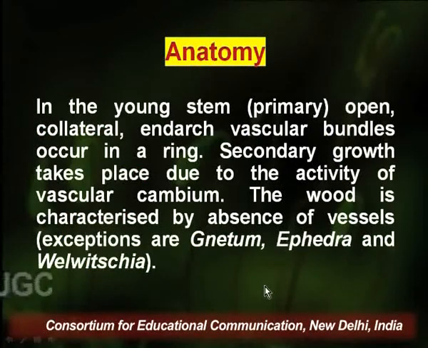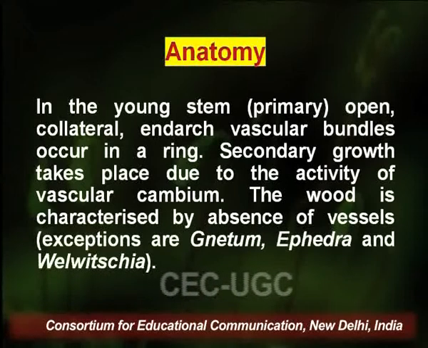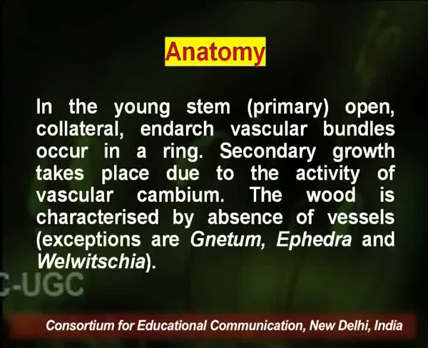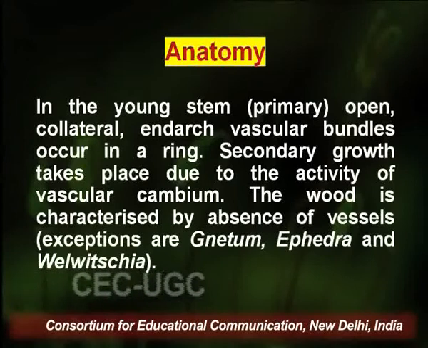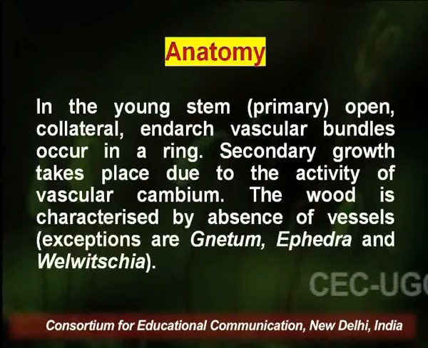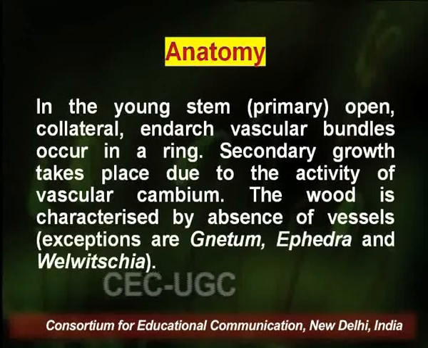Now, let us talk about the internal organization of plant body amongst gymnosperms. In young stem, that is the primary stem, we encounter the vascular bundles which are open, collateral, and endarch.